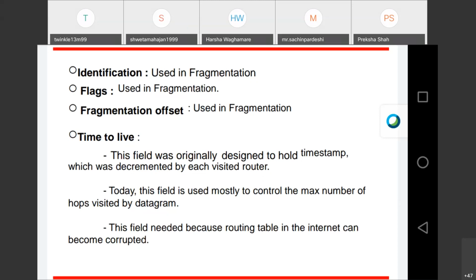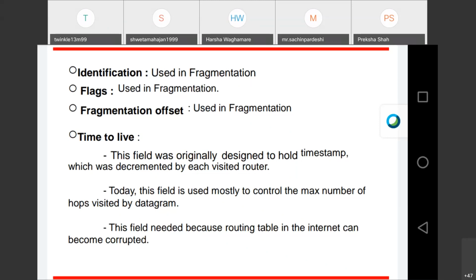Now why is this field required? Imagine when the datagram is moving in the network, two routers' tables are corrupted, and one router sends a datagram to the other router whose routing table is corrupted, and that router again sends the datagram to the previous router, whose routing table is also corrupted.